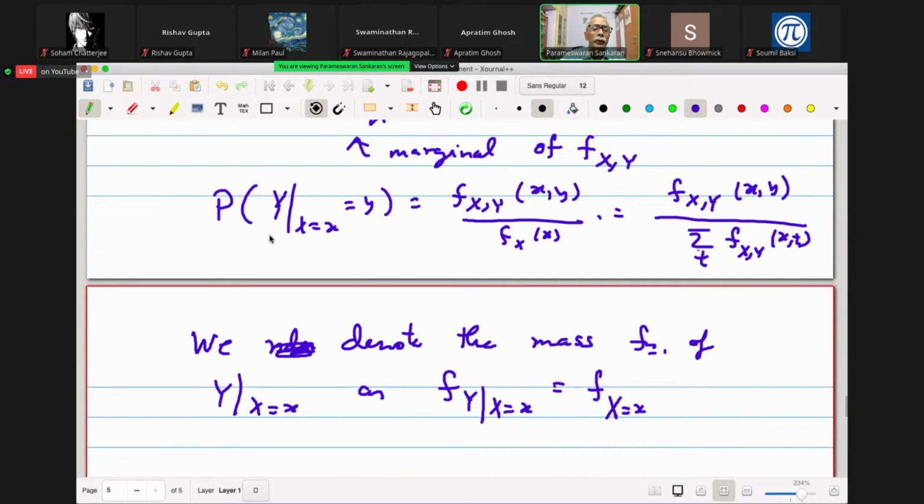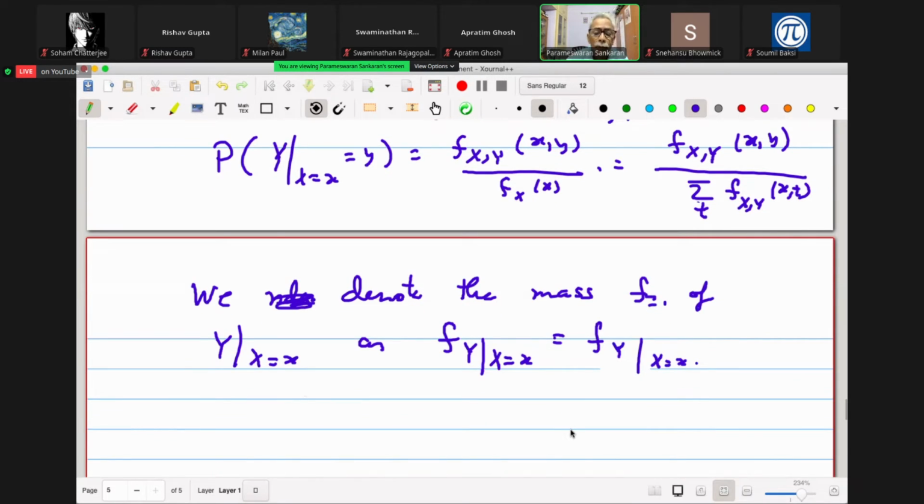Yeah, I think this is the way to write it. So what we have computed is that f_{Y|X=x} of y is simply f_XY divided by f_X of x.